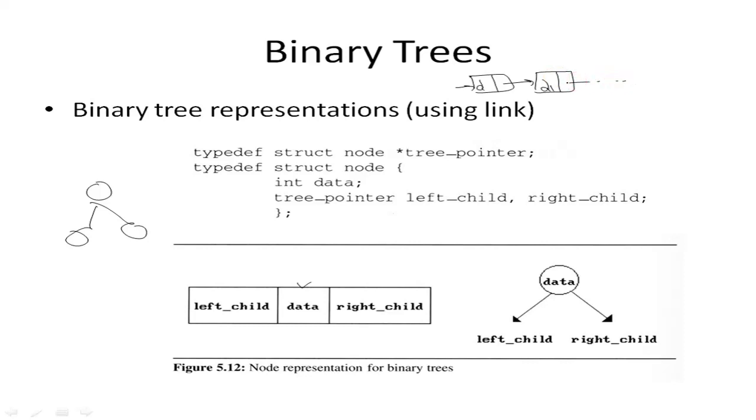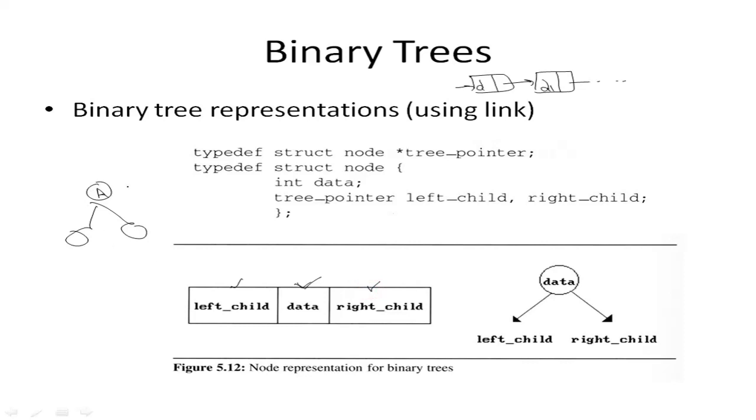Here, instead of one pointer, we will have two pointers. Some representations of this you will see in doubly linked list also. So every node will have data, which is the information in the node, and it will have the link to its left side and the link to its right side.